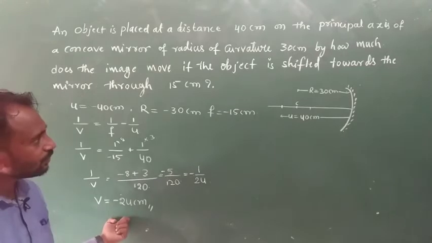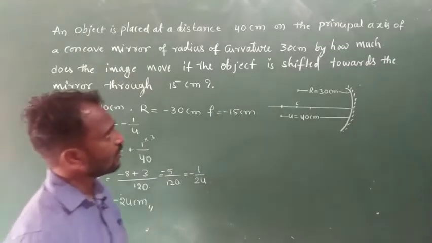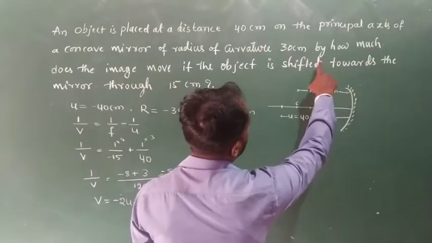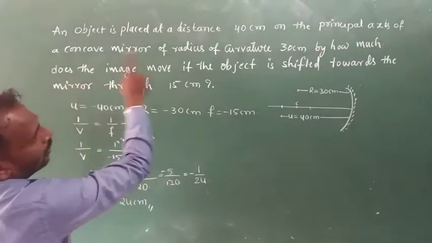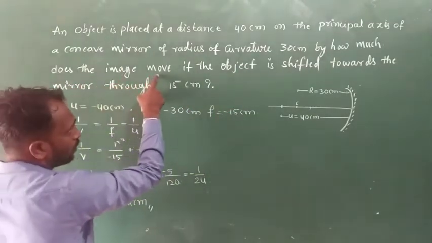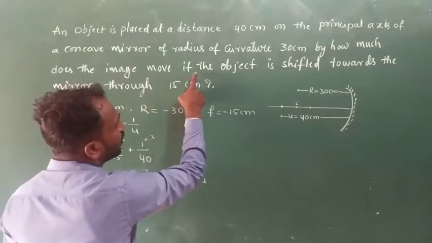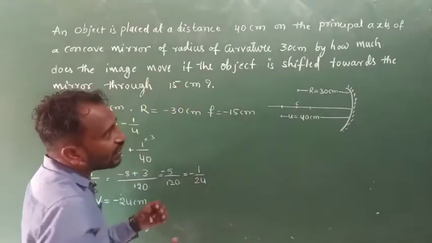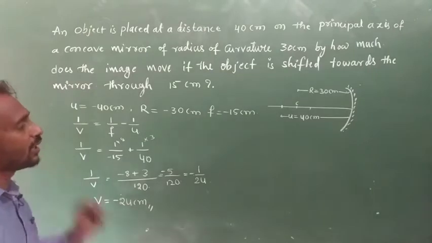Next, in the second case: by how much does the image move if the object is shifted towards the mirror?